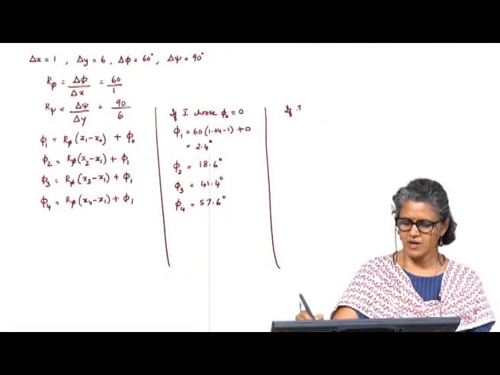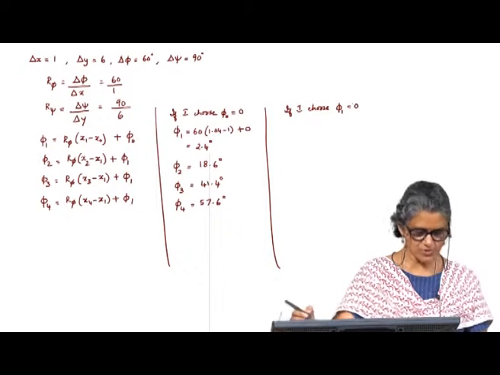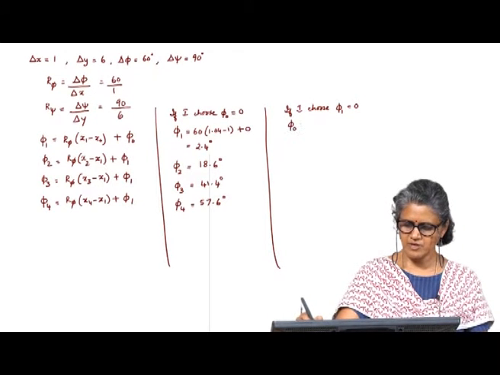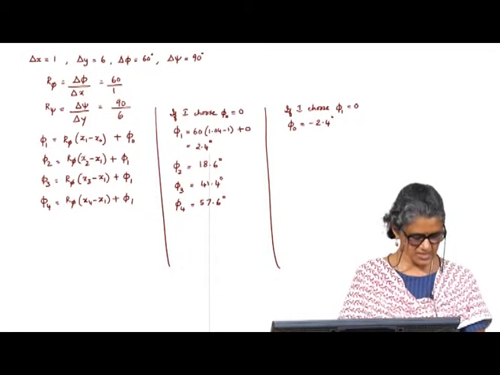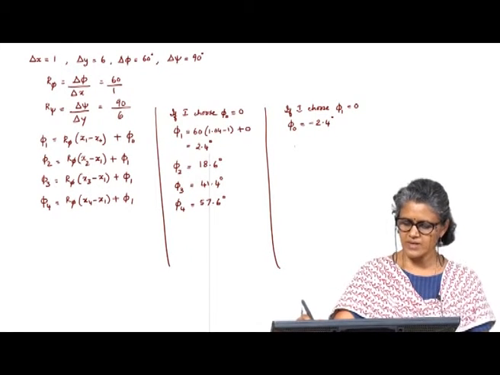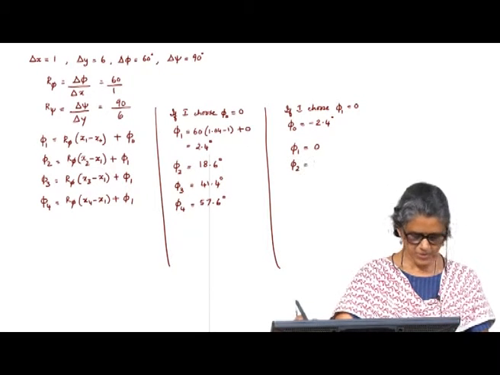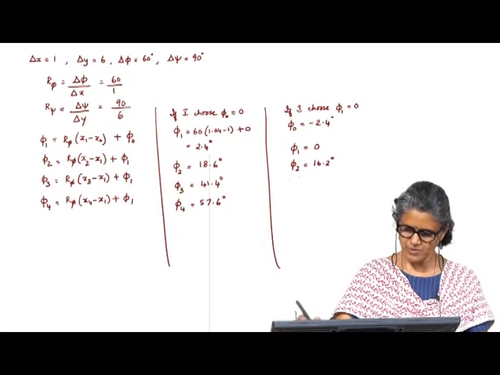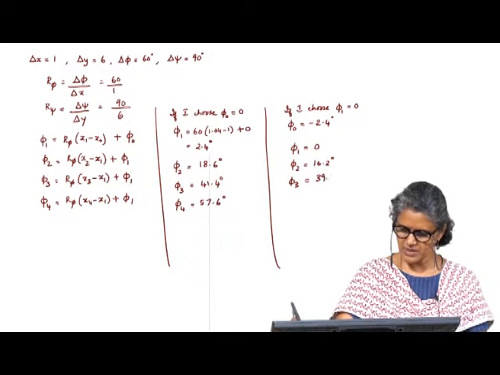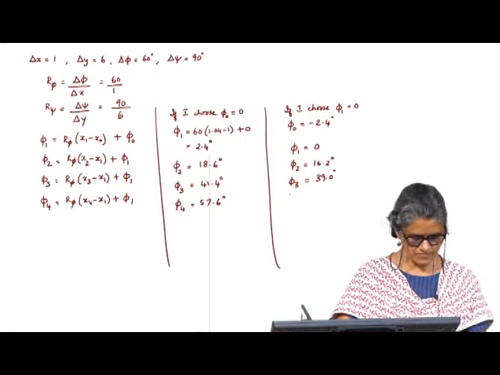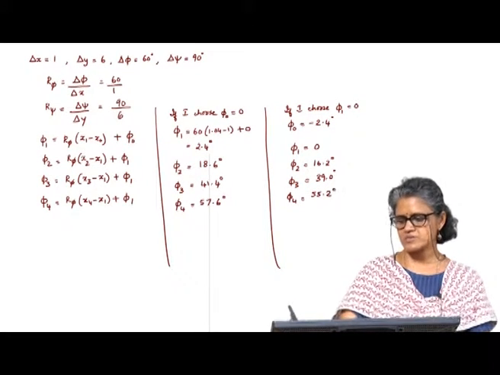If I choose phi 1 equal to 0, then my phi naught is basically minus 2.4 degrees. So, it is just shifted the scale. So, I will get phi 1 equal to 0, phi 2 equal to 16.2 degrees, phi 3 equal to 39, phi 4 equal to 55.2 degrees.